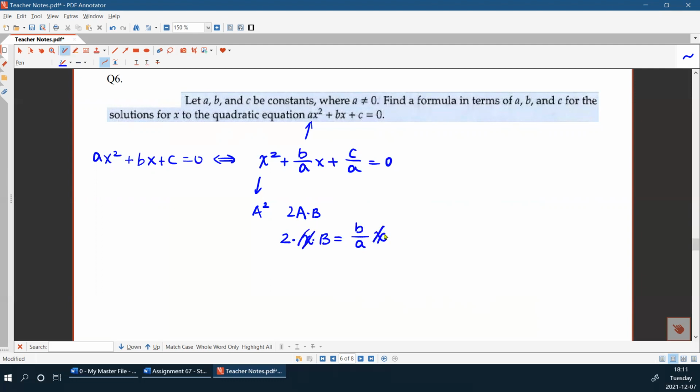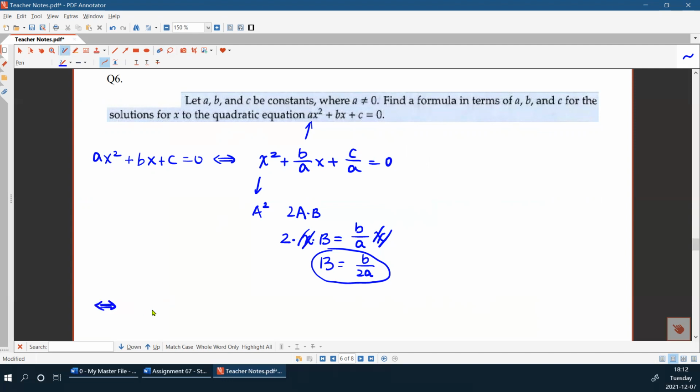If we cancel x here, the uppercase B is then b over 2a. So this is our B.